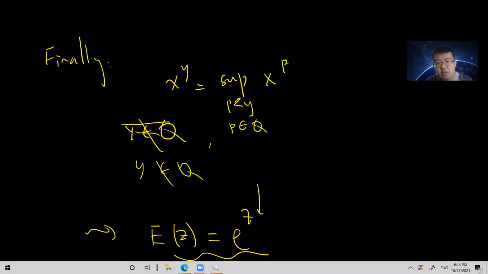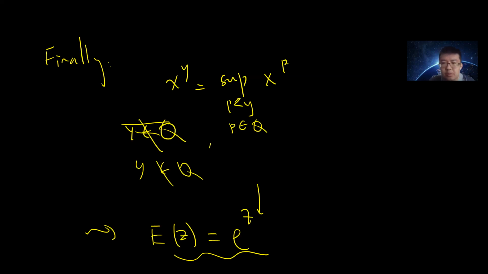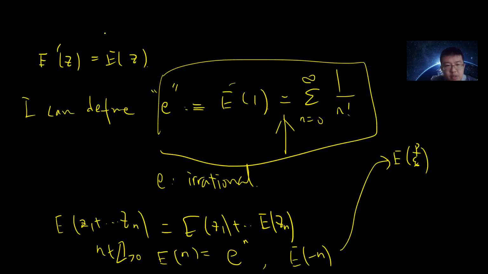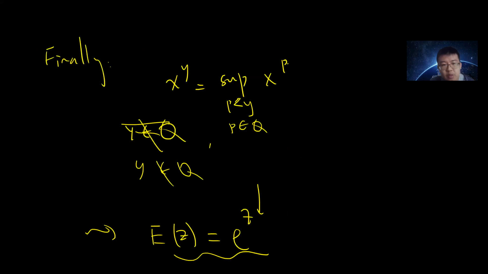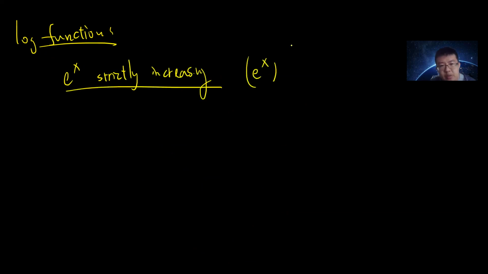I don't want to keep talking about this because I think this is simple. So now one can define log functions. Hopefully, from the previous discussion, you know that the exponential is strictly increasing. The reason is that its derivative is just this.